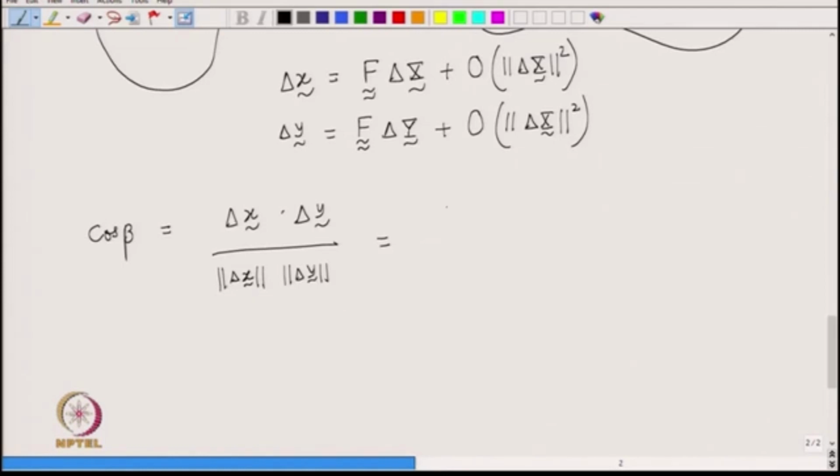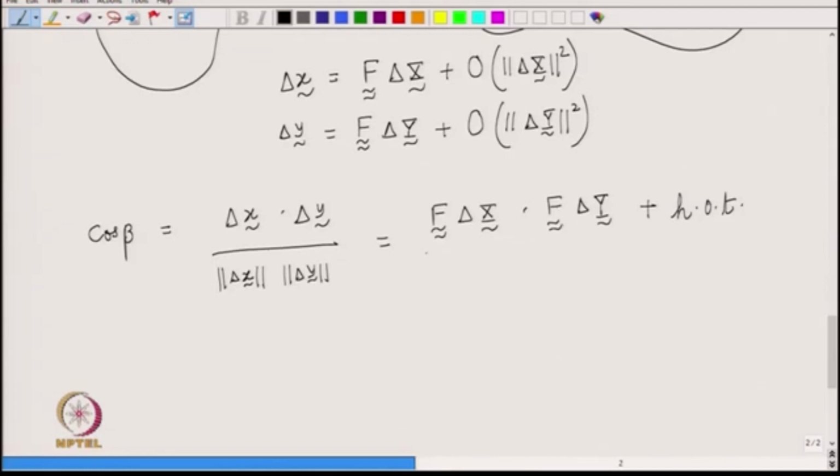So, we could say that the numerator for example becomes big F into delta big X dot with big F into delta big Y plus the higher order terms, is it not, and of course, here this is delta big Y. I will simply write here plus higher order term.